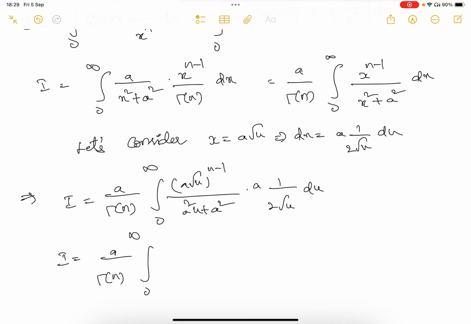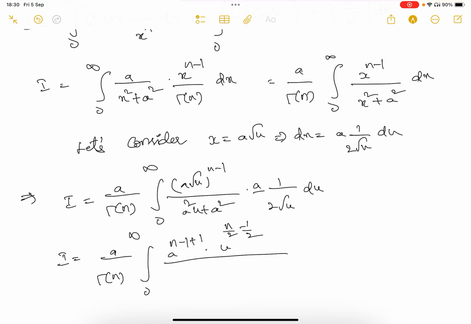This will be a power n minus 1, and there is one more a here, so it will be plus n, right? Then what about this u term? u power n by 2 minus half, right?